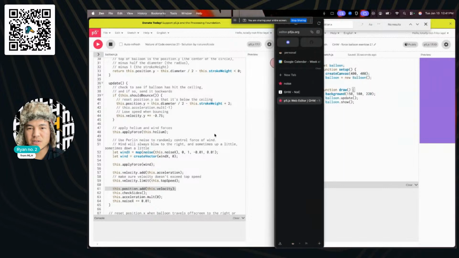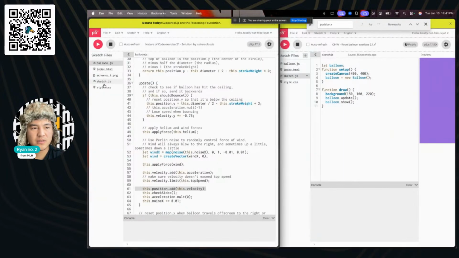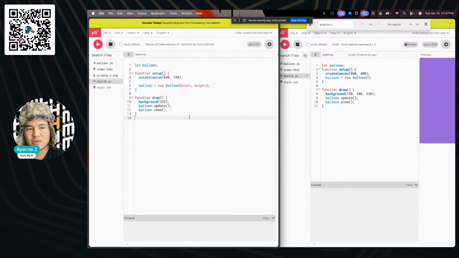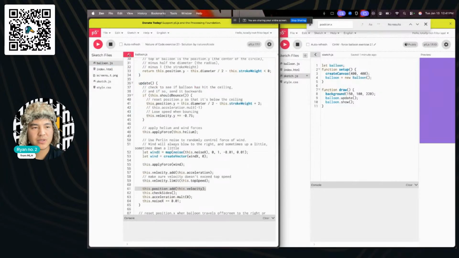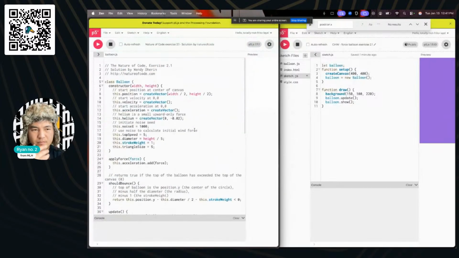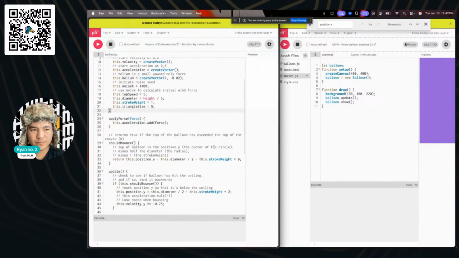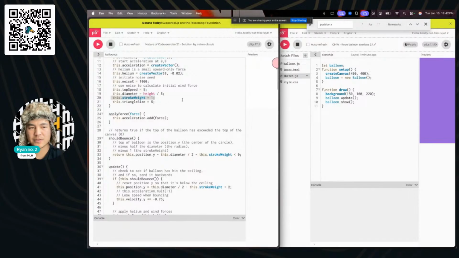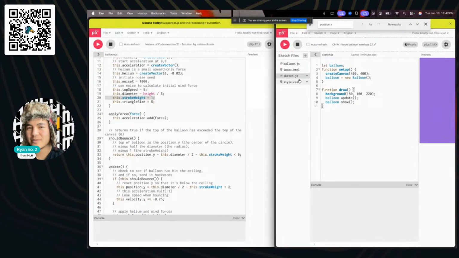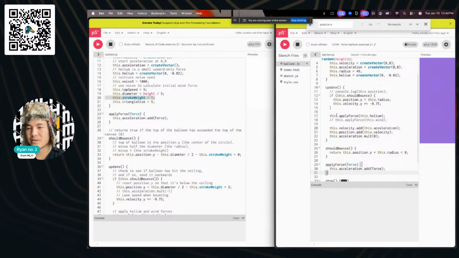Is it because there's something I'm not doing here? Update and show. New balloon. No, we've pretty much got the exact same thing going on there. Oh, I guess this is the reason why we were having issues earlier. It's because I didn't realize that they were setting stroke weight explicitly over here. That is embarrassing.